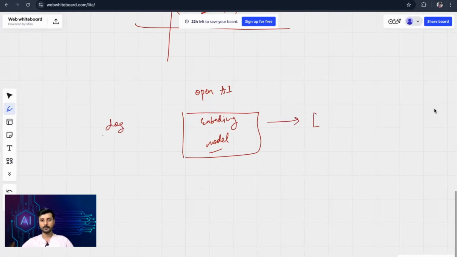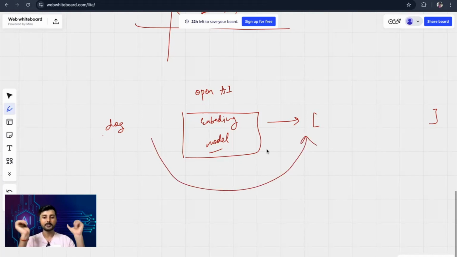We know that, but how does it help? How is it able to convert dog into a vector such that it captures some meaning as well? This model is already trained on millions and billions of words, so it knows which words are closer to each other in this world, which words are farther from each other, which word has what meaning.